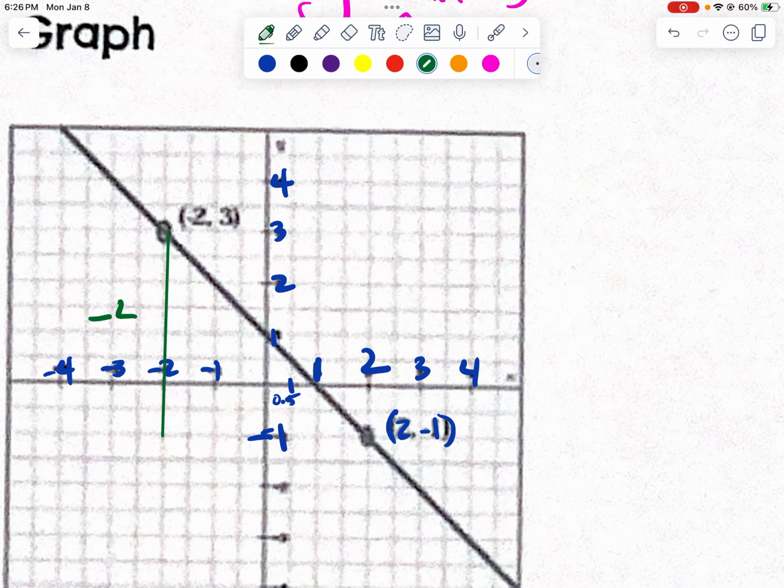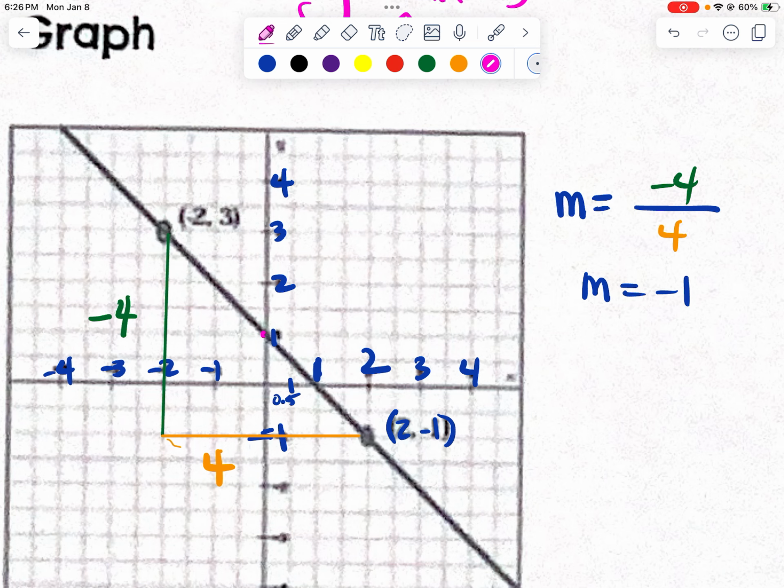I went down 4. How far across did I go? I went across 4. So my slope for this is going to be -4 over +4. So that means my slope is -1.